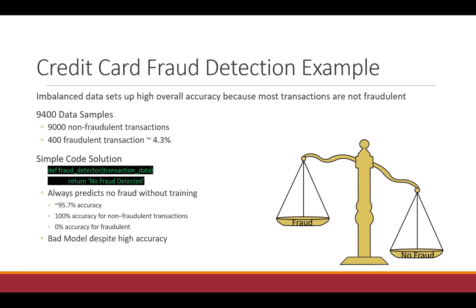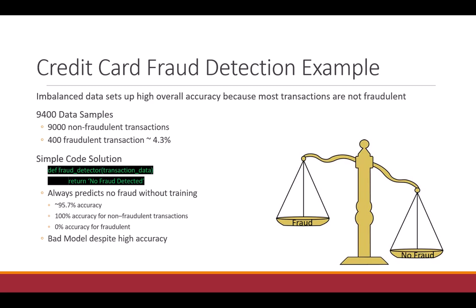Well, it simply has to do with the fact that almost 96% of our data is by its very nature already not fraud. And as a result, for the non-fraud transactions, we'll have a 100% accuracy rate. But for fraudulent cases, we would actually have a 0% rate.